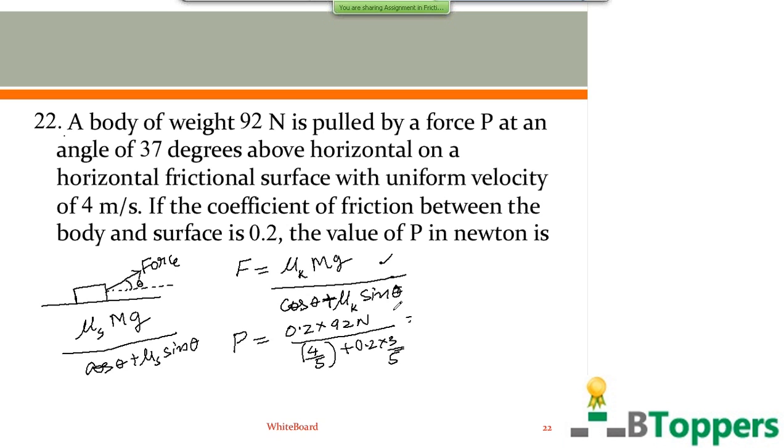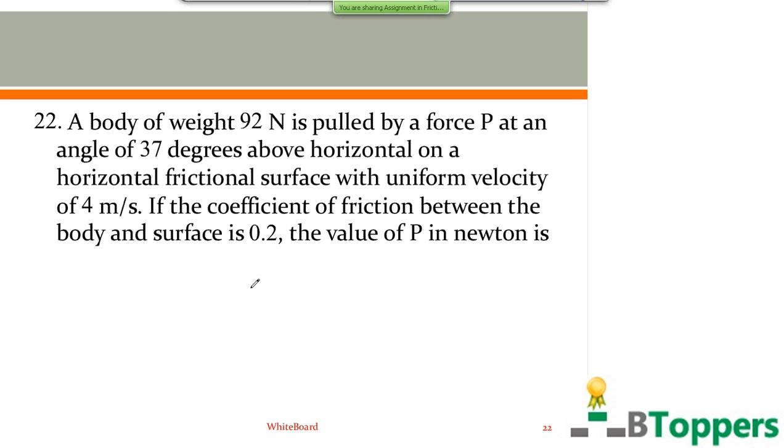So I would also like to again show you the working for the same problem, as you are supposed to do in case you are given the same problem in board examinations. In case you are given this problem in board examinations, you have to work out and arrive at the conclusion which I have used.